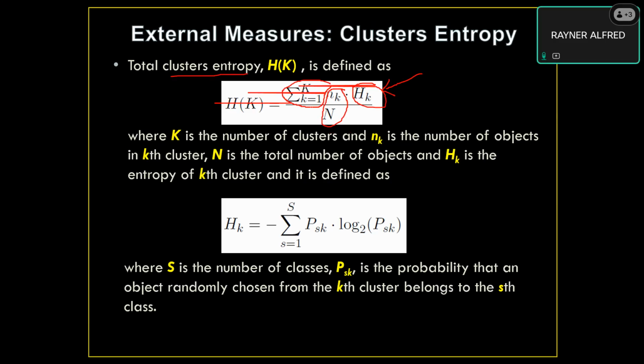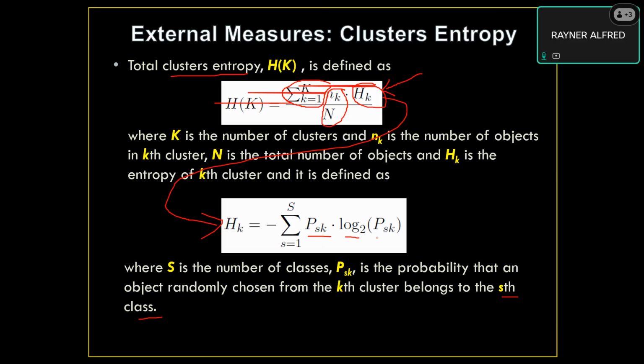Since we have 1 up to k clusters, we add up the entropy for all the clusters. Okay. So this entropy is defined by this formula, in which this is the probability that an object randomly chosen from cluster k belongs to class s. The s class means they belong to a certain label.